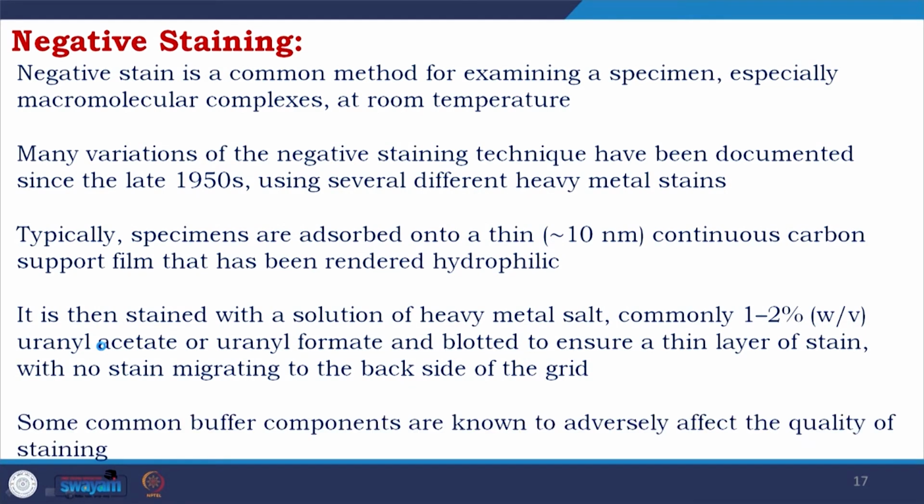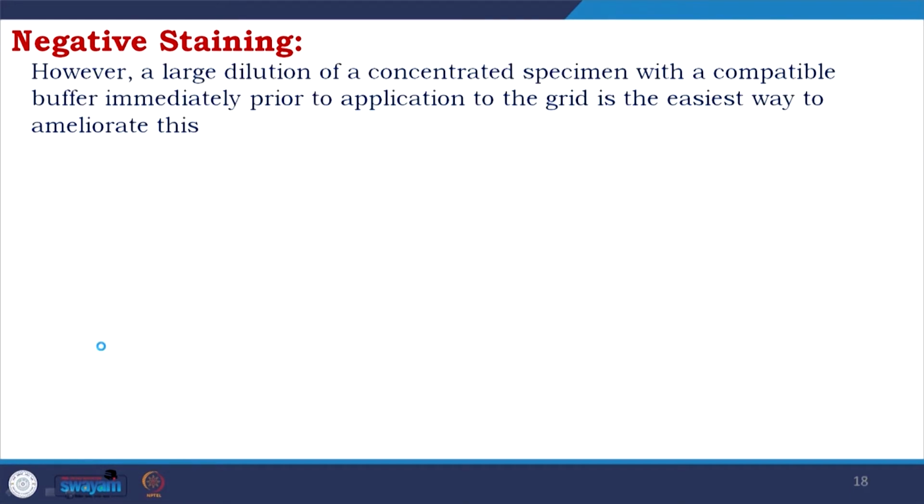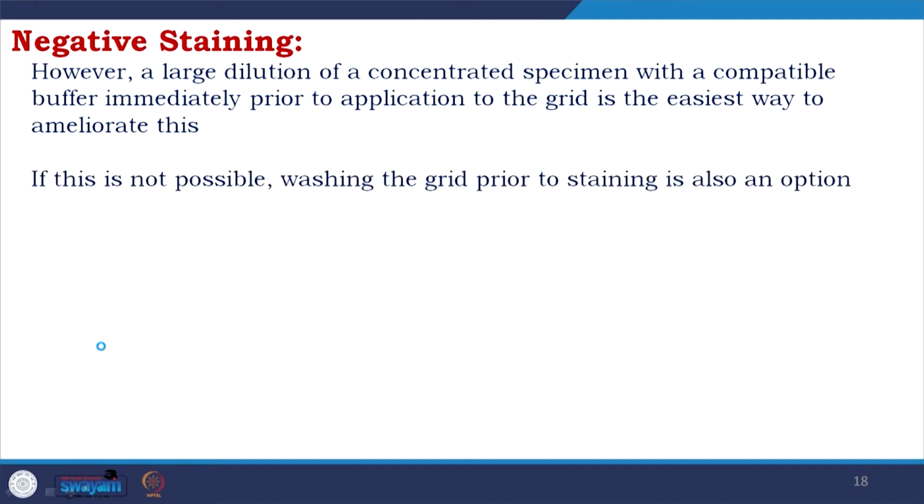Some common buffer components are known to adversely affect the quality of the staining. However, a large dilution of a concentrated specimen with a compatible buffer immediately prior to application to the grid is the easiest way to ameliorate this. If this is not possible, washing the grid prior to staining is also an option.